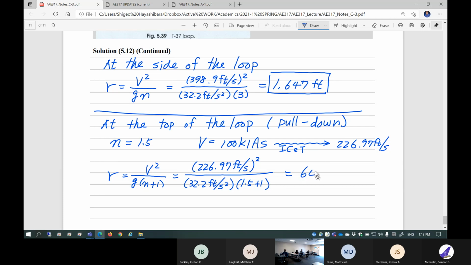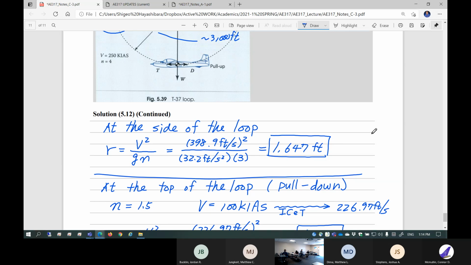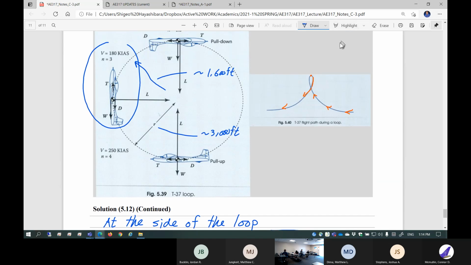Computes to 640 feet. Whoa. Okay. So those are the radii at the different locations of this loop maneuver. Then if you plot it, this is how it looks. This is the maneuver path.